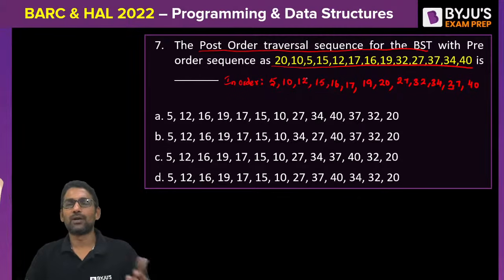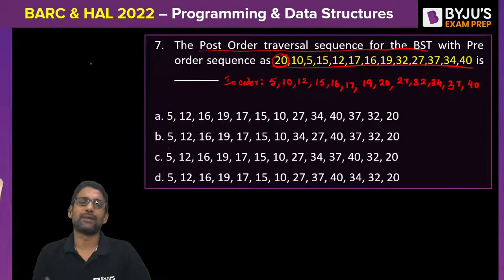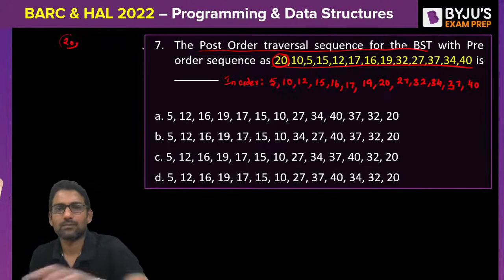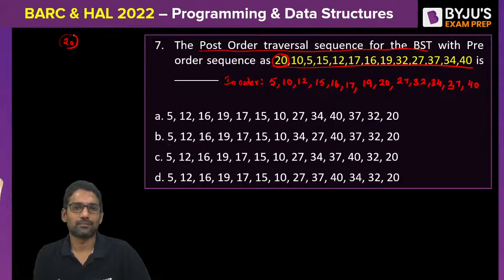Now from the pre-order or post-order sequence, we can identify the parent. It is given pre-order. So in the pre-order, the parent will always be at the beginning. So 20 will be root. If 20 is root, in the in-order, all these elements will be towards the left, and all these elements would be towards the right.